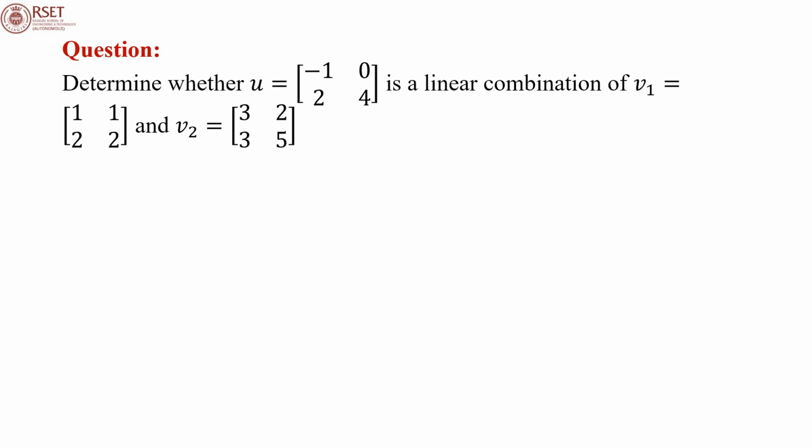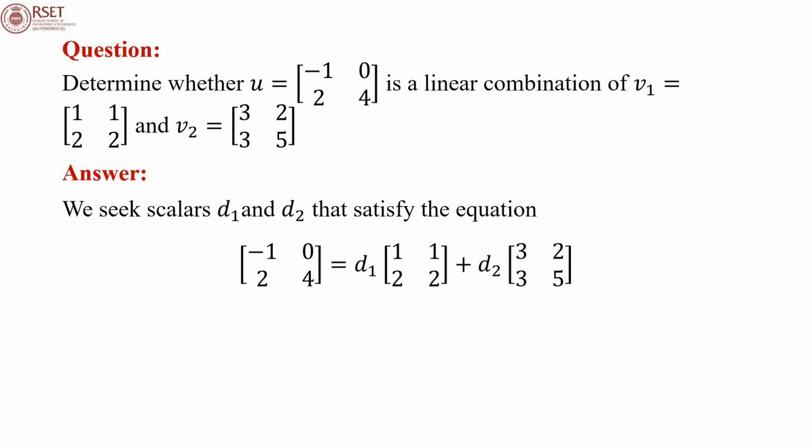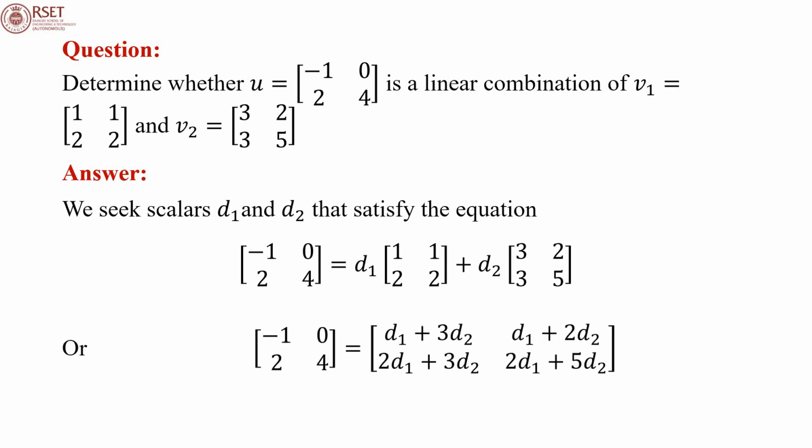Determine whether u is equal to (-1, 0, 2, 4) is a linear combination of v1 equal to (1, 1, 2, 2) and v2 equal to (3, 2, 3, 5). Again, we try to find scalars d1 and d2 such that u is equal to d1 v1 plus d2 v2. On simplifying, we get (-1, 0, 2, 4) is equal to (d1 plus 3 d2, d1 plus 2 d2, 2d1 plus 3d2, 2d1 plus 5d2).